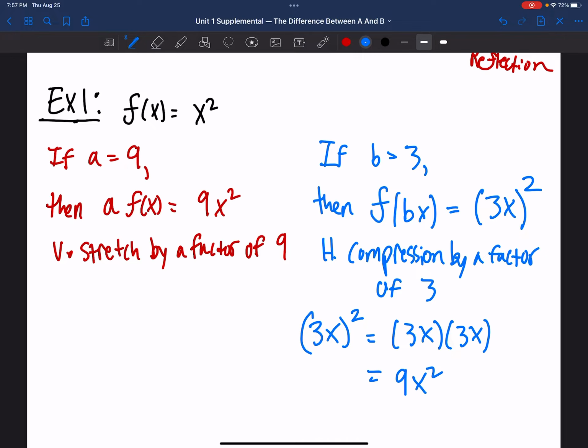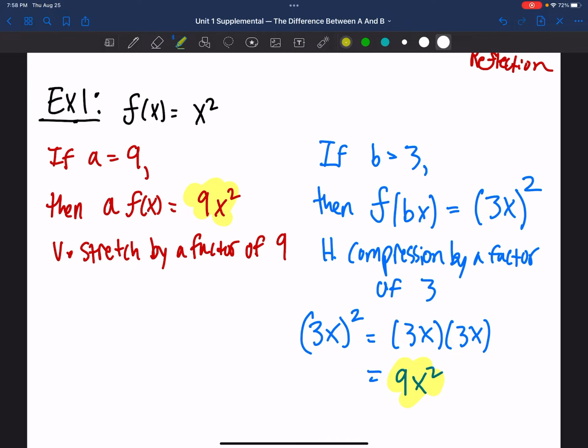Whoa. Hey, wait a minute. This guy and this guy are the same. So, the graphs look the same. We can interpret the stretching or compressing differently depending on the way we express it.